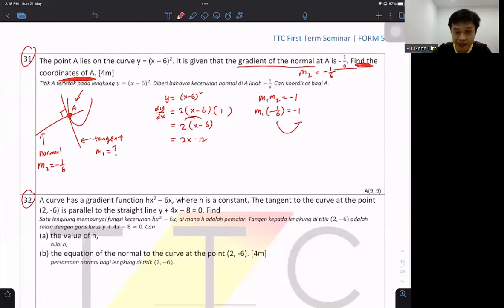Bring over, divide, best use the calculator. So negative 1 divide negative 1 over 6. Press calculator. Oh, 6. So m1 is 6. The tangent gradient is 6.